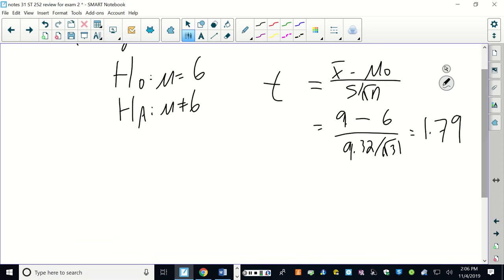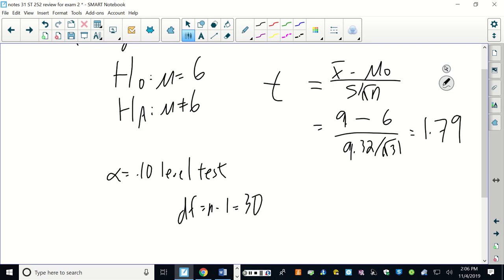And say we want to do an alpha 0.1 level test. We were doing a 90% confidence interval, so we might as well do a 10% level test. We have to decide if this is big enough to reject or not. The degrees of freedom is still going to be n minus 1, or 30. So the t under the 0.95 column is 1.697, and we're bigger.